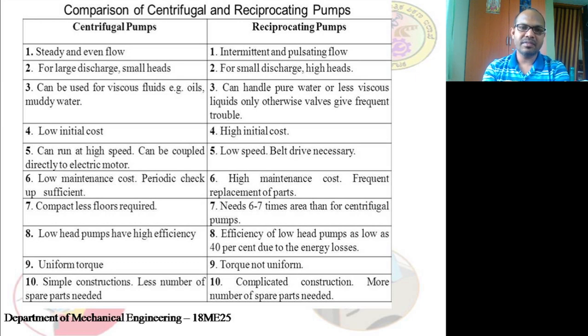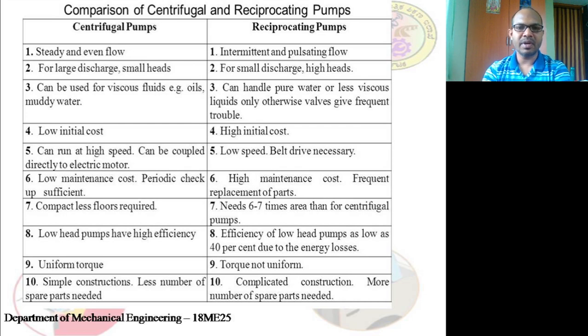The initial cost of the centrifugal pump is low, whereas the reciprocating pump has a high initial cost. And centrifugal pumps can run at a high speed and can be coupled directly to the electric motor. That is how even our domestic applications of pumping water take place.